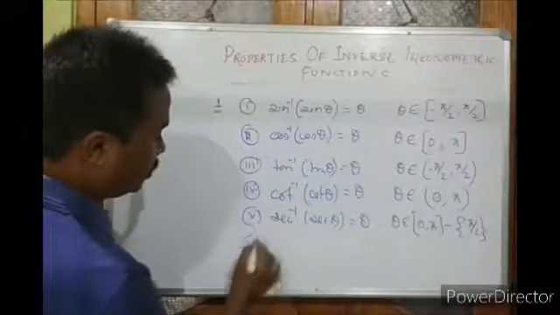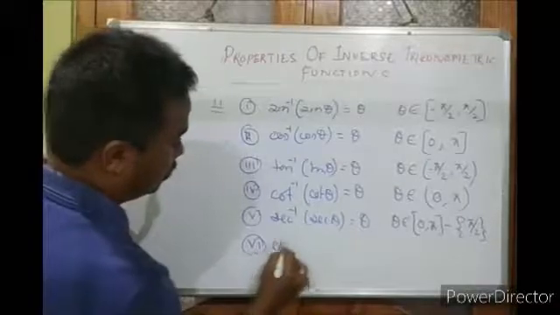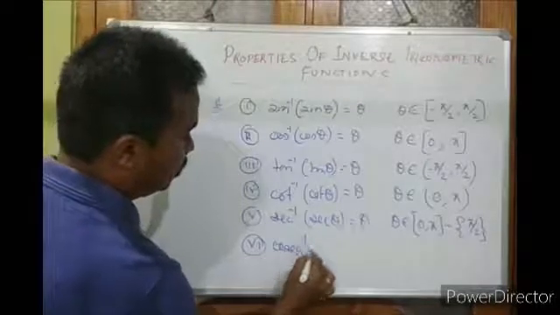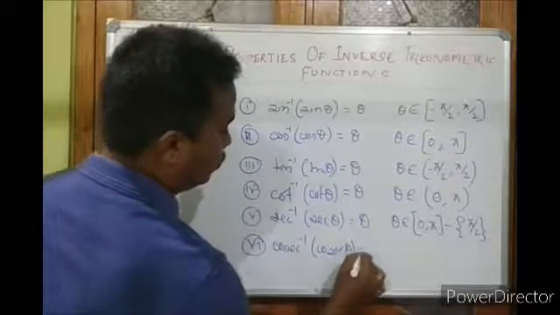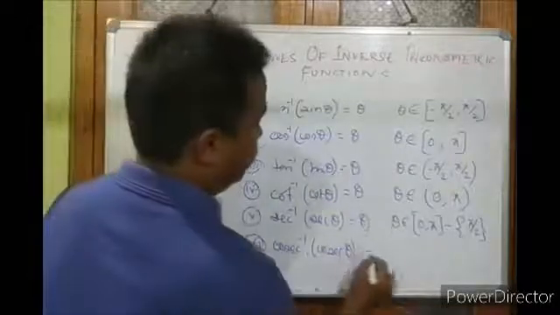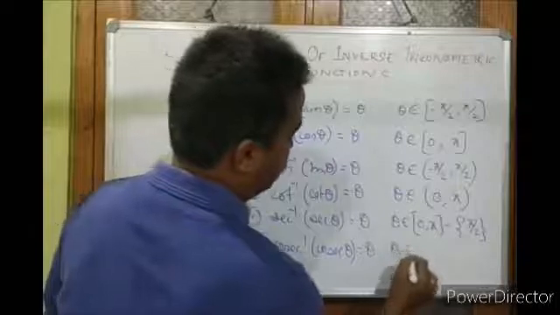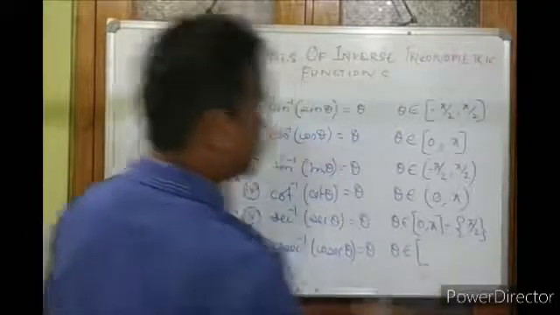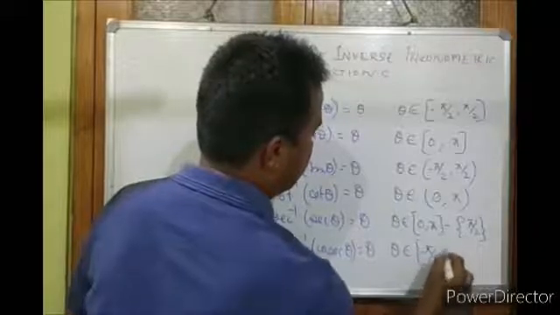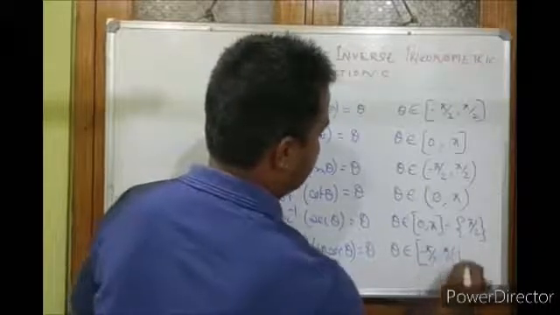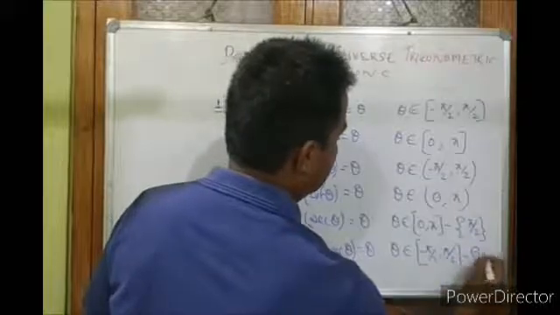And sixth one is cosec inverse cosec theta is equal to theta. Theta belongs to minus pi by 2 to plus pi by 2, excluding 0.